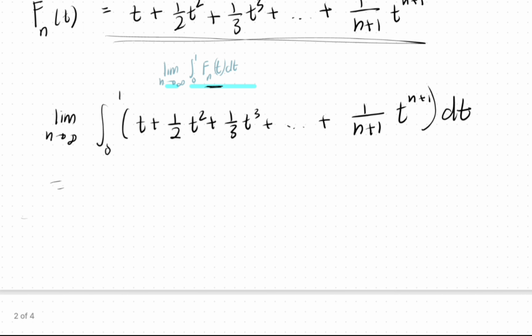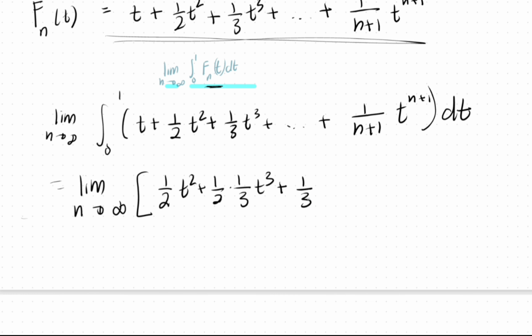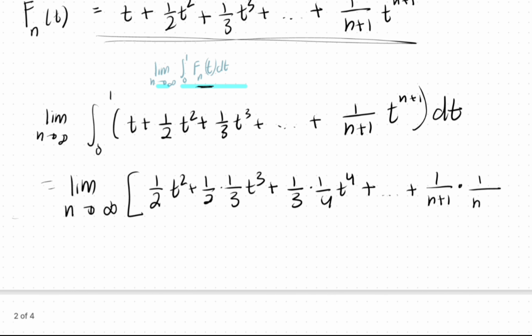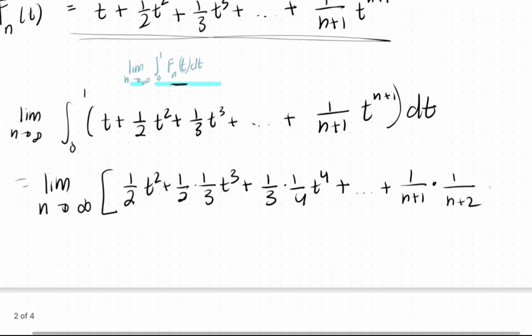This is equal to the limit as n tends to infinity of 1/2 t squared plus 1/2 times 1 over 3 t cubed plus 1 over 3 times 1 over 4 t to the power 4 plus dot dot dot 1 over n plus 1 times 1 over n plus 2 of t to the power n plus 2.